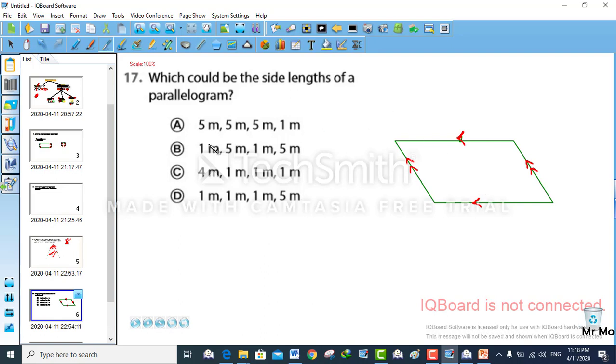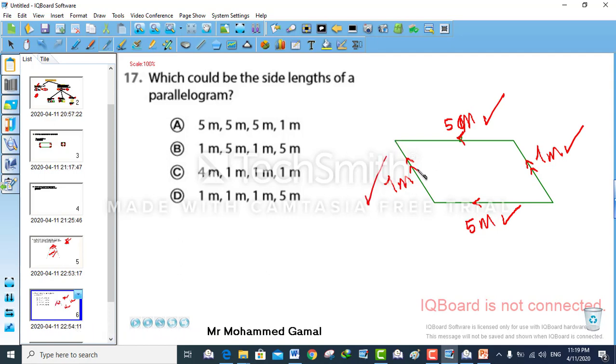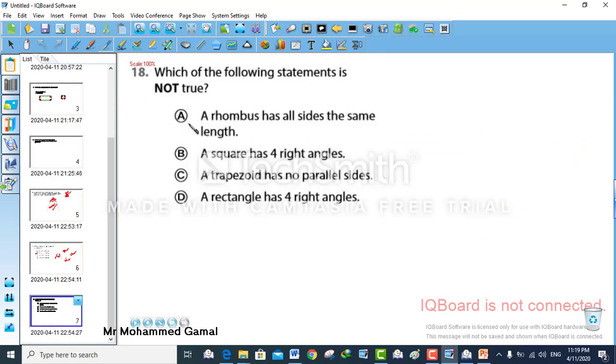So for example, if we choose 5, this one should be 5 meters, and this one as well should be 5 meters. If we have a 1, this one should be 1, and the opposite one should also be 1. So each two opposite sides should be equal in length. So which one has two 5s and two 1s? 5, 5 and 1, 1, it's choice B.